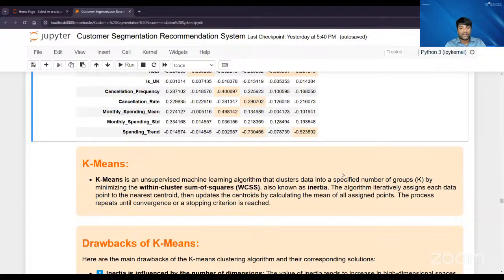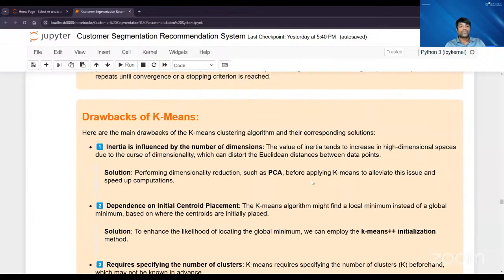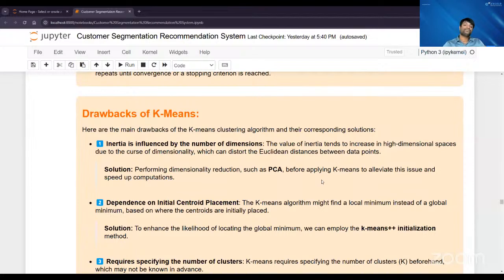Now let us go to the next part, which is k-means clustering. We have discussed what k-means clustering is and why it is used; the theoretical part we already discussed in yesterday's session. Let us also understand the drawbacks before performing k-means, and why we applied PCA.